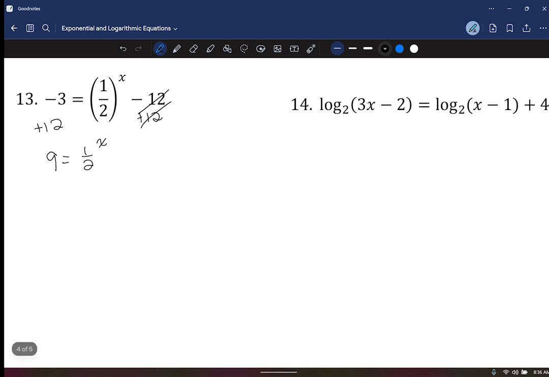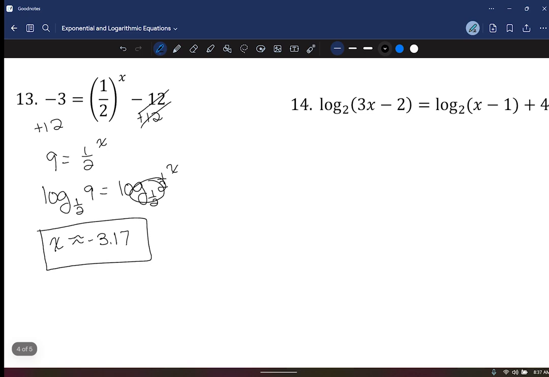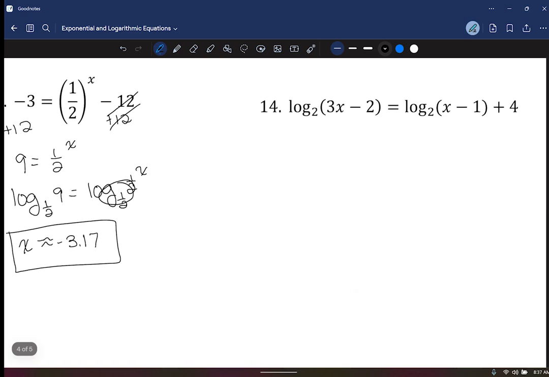So I can get rid of the 1/2 base by doing a log with a base of 1/2. So x is going to be equal to whatever log base 1/2 of 9 is. And that's about negative 3.17.